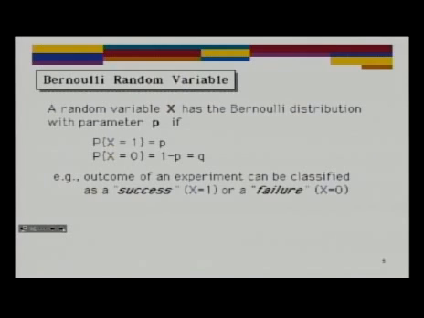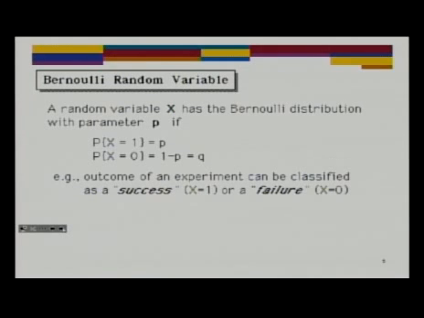So let's suppose there is an experiment whose outcomes can be classified as either a success or a failure. Flipping a coin is a good example for this experiment. Whenever you flip a coin, you always have head and tail, right? So this is a good example of the Bernoulli process.